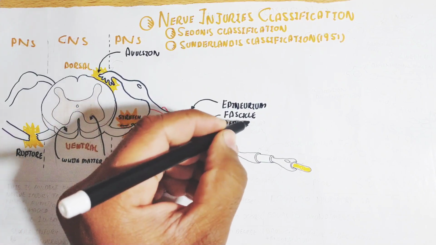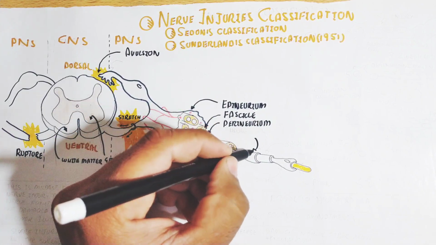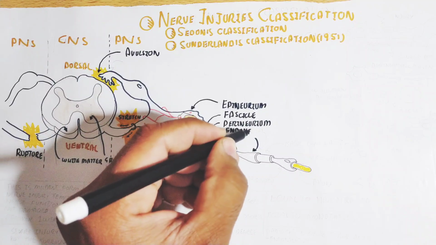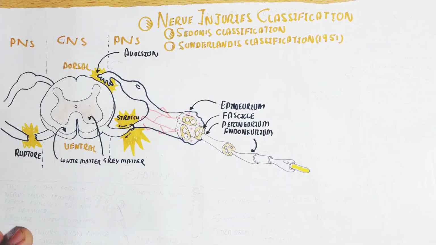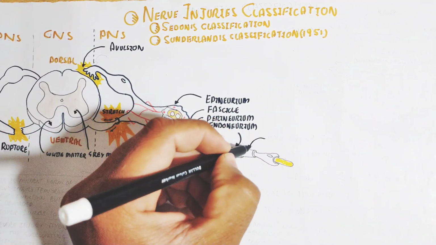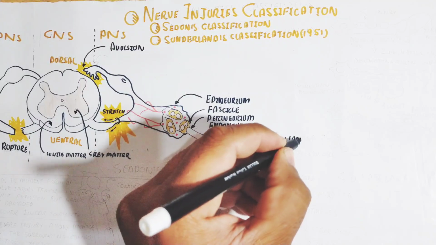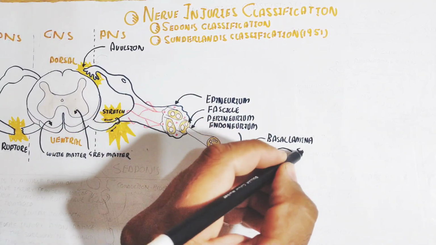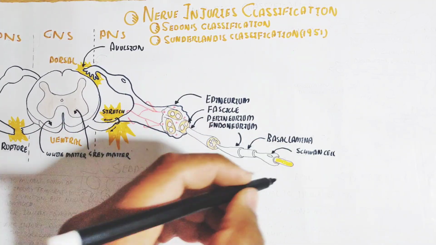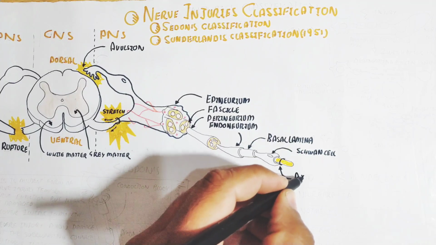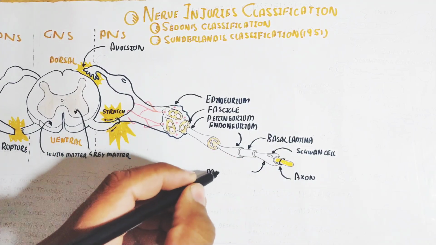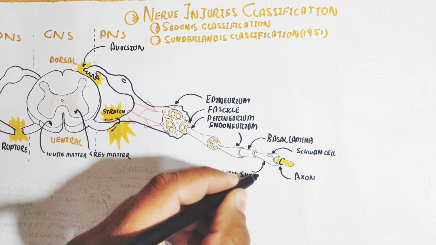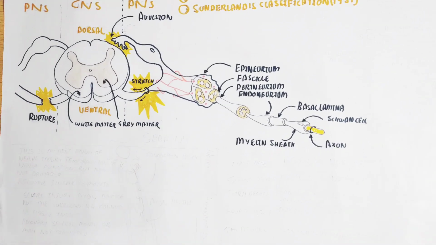On the other hand, here is the epineurium, which contains many fascicles. Each fascicle contains perineurium, which contains many endoneurium. The endoneurium contains the basal lamina, Schwann cell, myelin sheath, and the axon, which is a single nerve fiber.